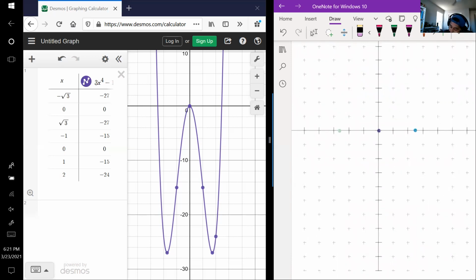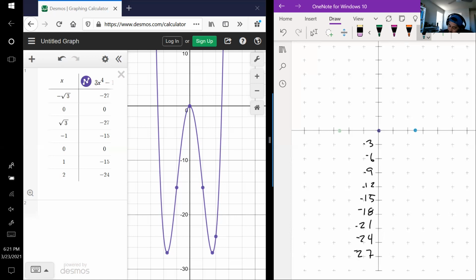Since it's -27, I'm going to do these by threes: 3, 6, 9, 12, 15, 18, 21, 24, 27. And of course, all negative.